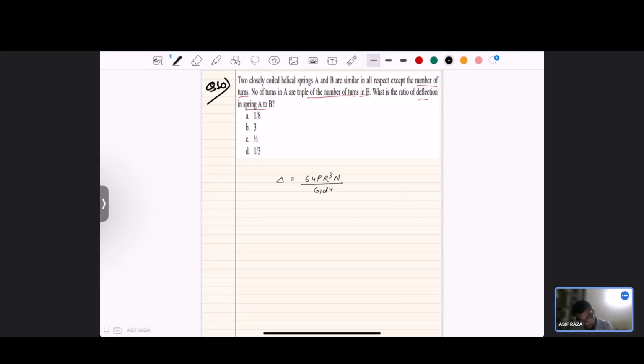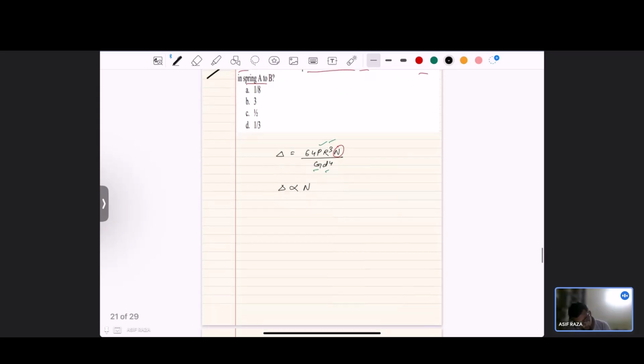Now it's being said that every aspect is same, only number of turns are different, right? And you can see from here that deflection is directly proportional to the number of turns.